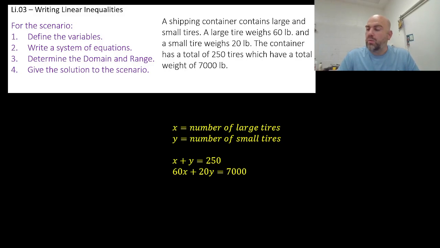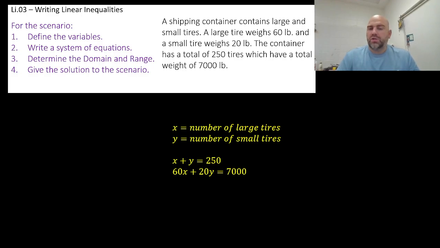That is going to give us the weight of the total tires when we add them all together. So 60 times the number of large tires gives us the total weight of the large tires, plus 20 times the number of small tires, which gives us the total weight of the small tires, gives us the total weight of 7,000 pounds. All right, so that is our two equations.